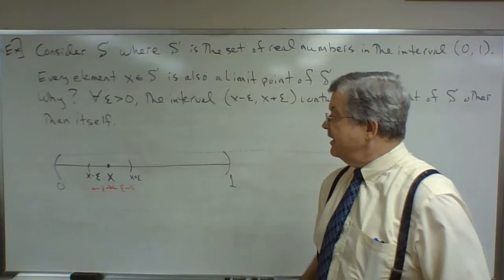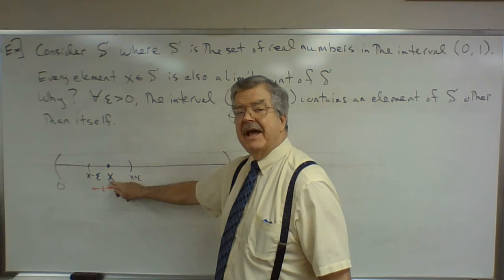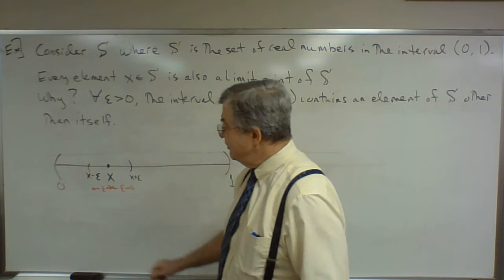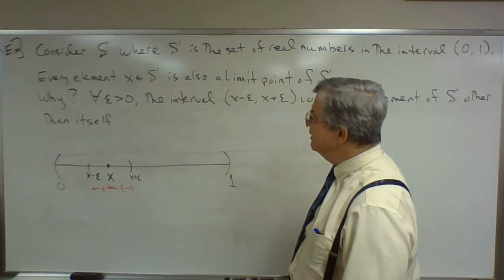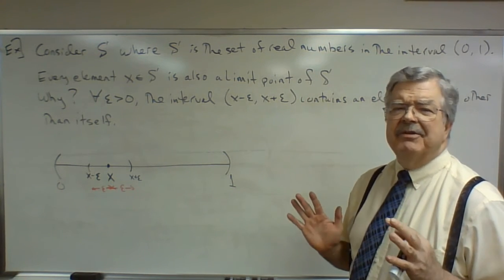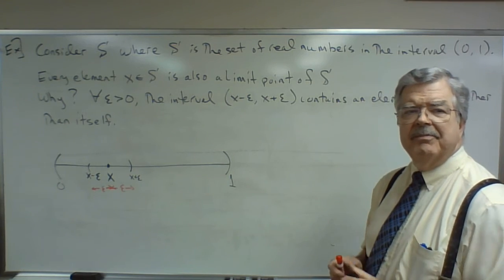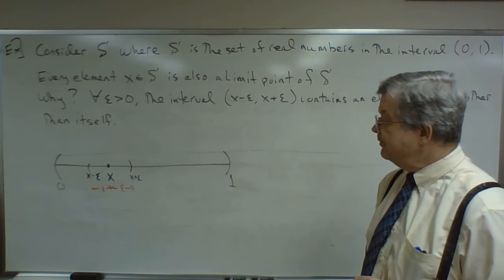Okay. We still have the same real number x in the set S, where S is the interval from 0 to 1, not including the endpoints. And now we let epsilon be a small number, maybe even a lot smaller than I'm showing it here.